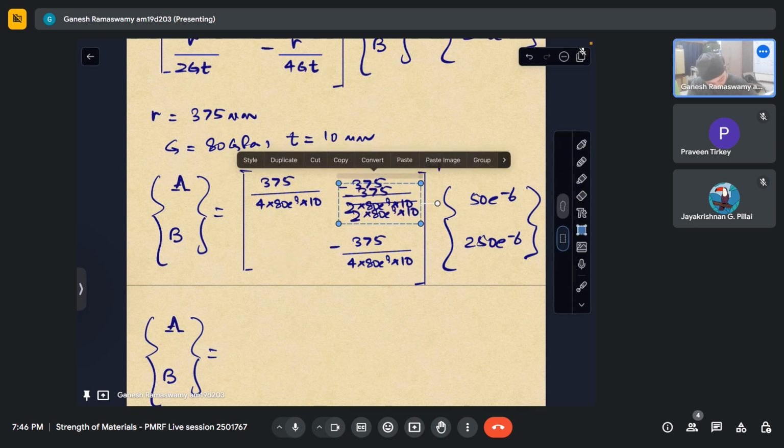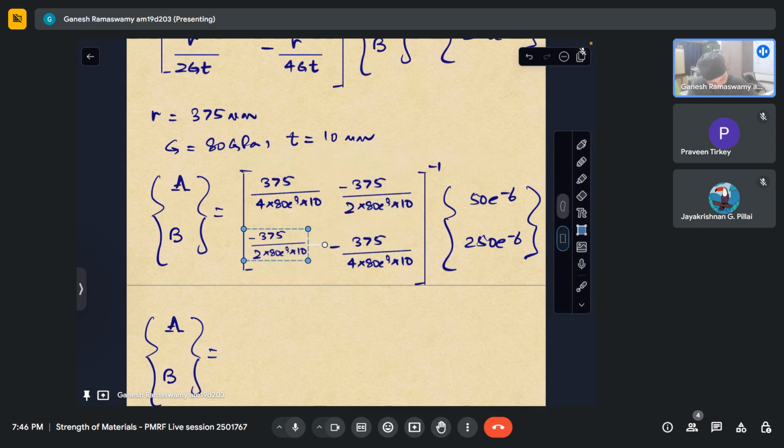Yeah, it is just a matter of solving this now. So let me just put it like this: 375 by 4 into 80E3 into 10, minus 375 by 2 into 80E3 into 10, minus 375 by 2 into 80E3 into 10.